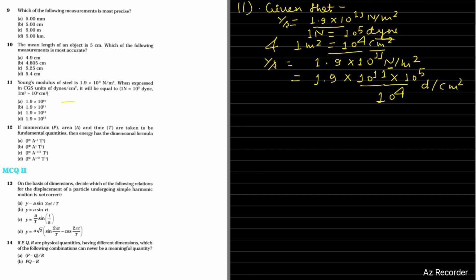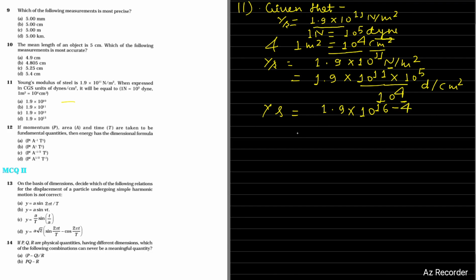Okay. So finally we will get Y_S is equal to 1.9 into 10 raised to the power 11 plus 5, that means 16. But here 10 raised to the power 4 goes in the numerator, so it will be negative.